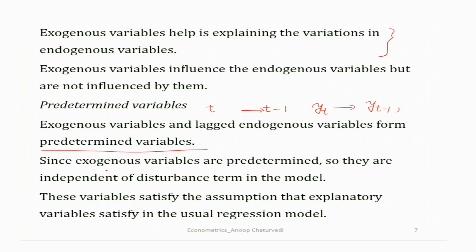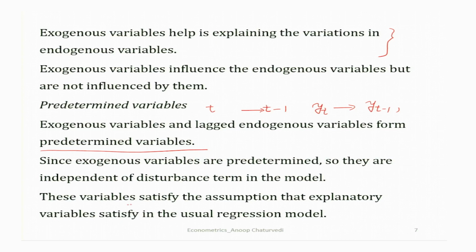Then since exogenous variables are predetermined, they are independent of the disturbance term in the model. It is quite obvious because we are assuming that the exogenous variables are determined from outside the model. So, you may assume that these variables are uncorrelated with the disturbance term, or these variables are independent of the disturbance term in the model.